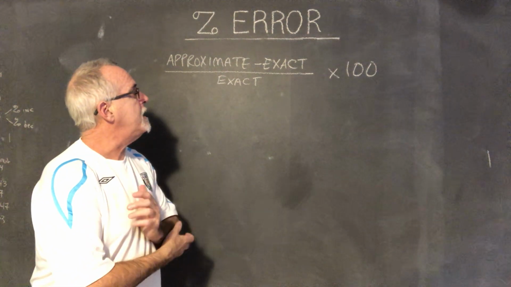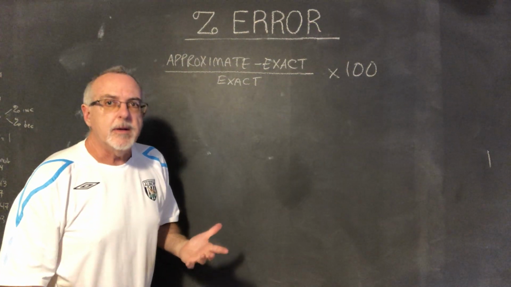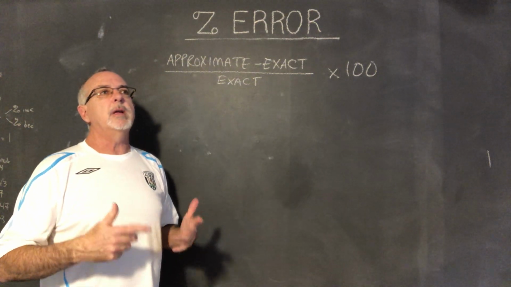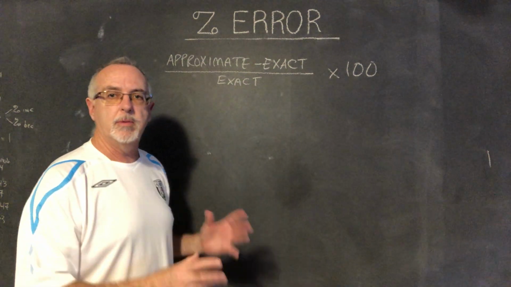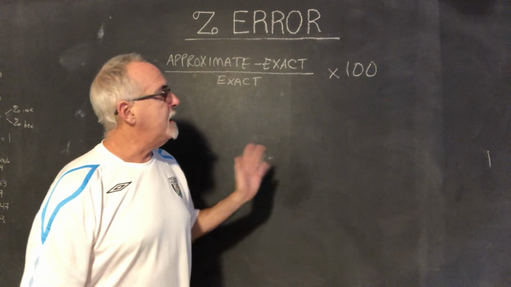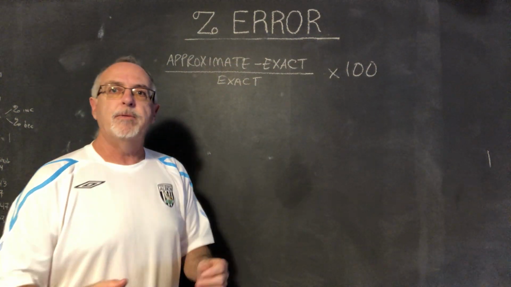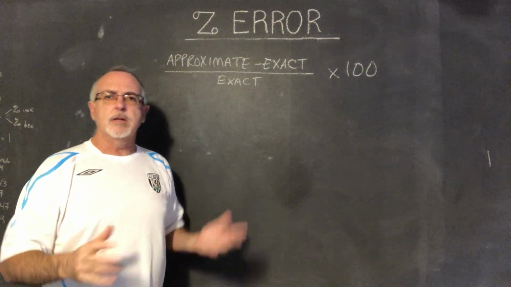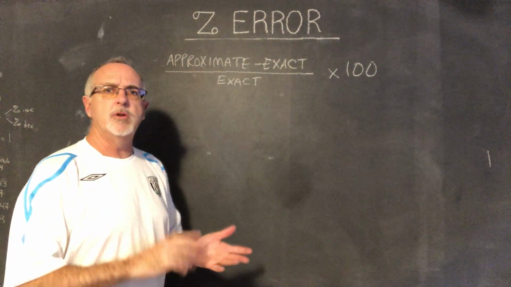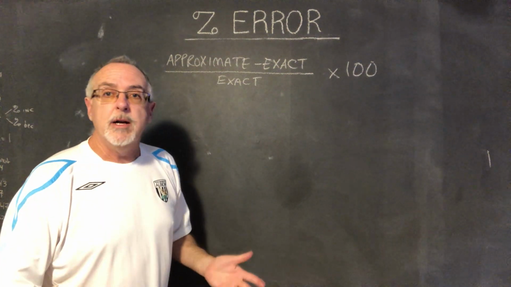With percent change, when we end up with a negative value, it matters because we want to say whether we have a percent decrease or a percent increase. But with percent error, we're really focused on how far off we are from the official or correct value. Sometimes you would get the exact value by looking it up in a book.